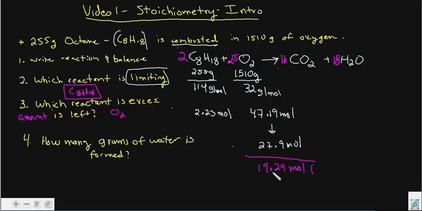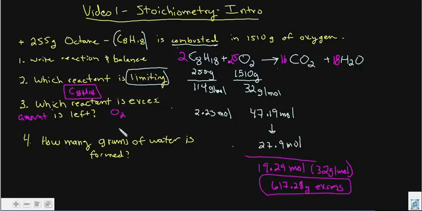So I'm going to have 19.29 times 32 grams per mole, which gives me 617.28 grams extra. So this is just excess right here. And so I would put that right here. That's my 617.28 grams excess.